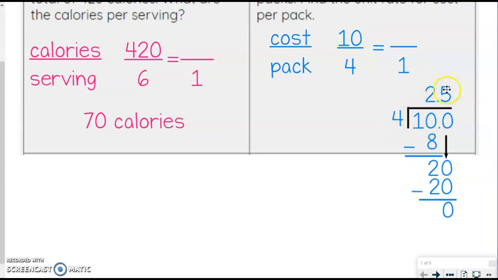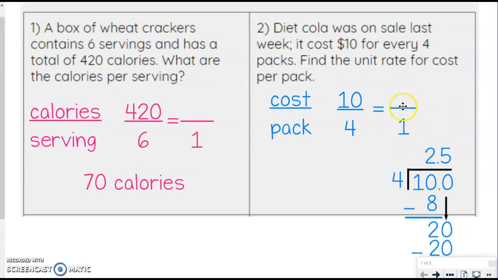It fit in 2 times. 2 times 4 was 8. 10 minus 8 gave us 2, so I had to bring down a 0 because I had a leftover. So I added a decimal, and 4 fit into 20 5 times. 5 times 4 was 20, leaving 0 left over. So our answer was 2.5. But we don't say $2.5 per pack, so let's make sure we label it as $2.50. That's how much it would be for 1 pack.